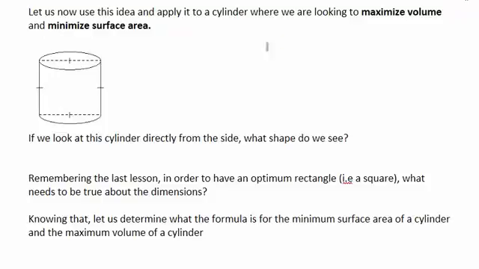So if we look at this cylinder from the side, what shape do we see? So you should see a rectangle right here. I'm highlighting it for you guys if it's not clear enough. Moving forward, remembering the last lesson, in order to have an optimum rectangle or square, what needs to be true about its dimensions? So remember that the formula is area equals s squared, meaning all the sides are equal, which you should know that all sides of a square are equal.